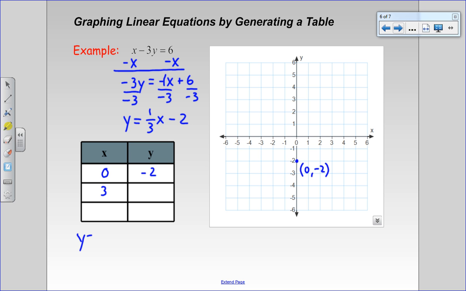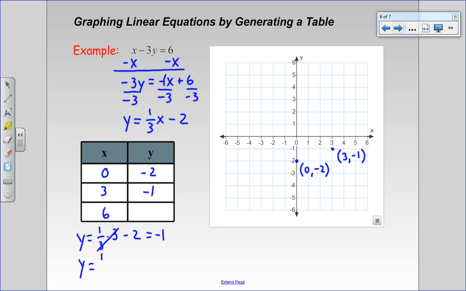We have y equals 1/3 times 3 minus 2. The 3's cancel, so we have 1 minus 2, or negative 1. So we can plot the point 3, negative 1. And finally, let's let x equal 6.